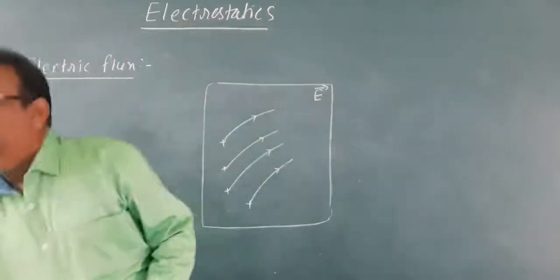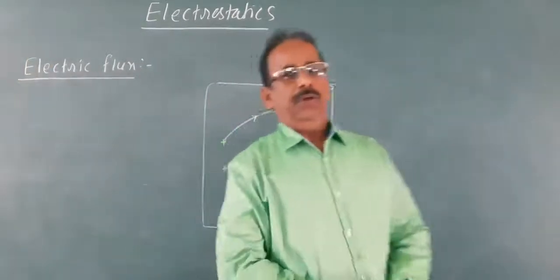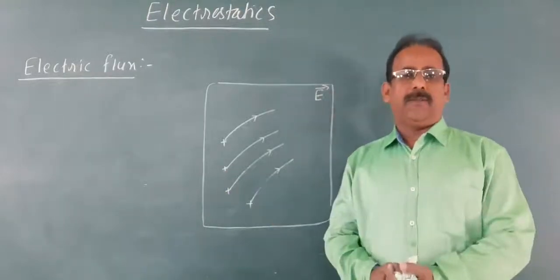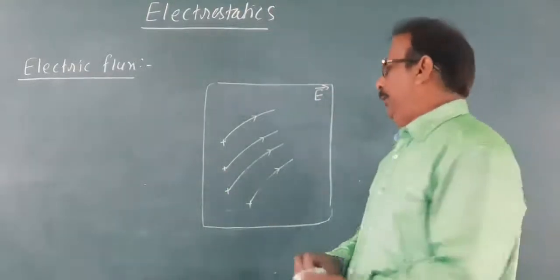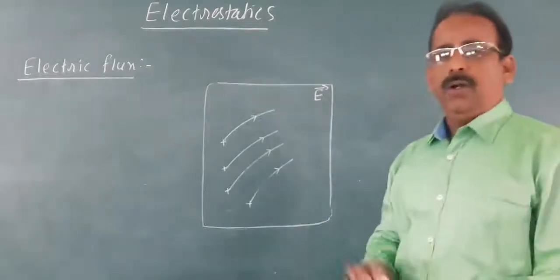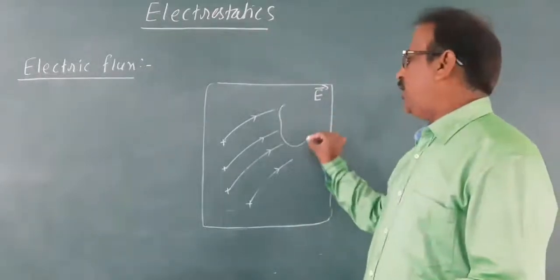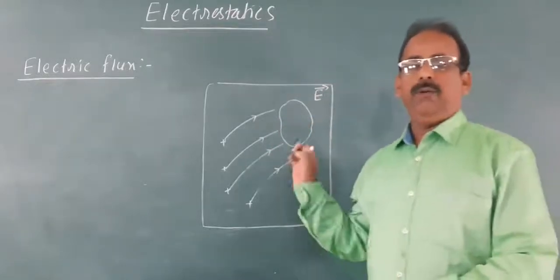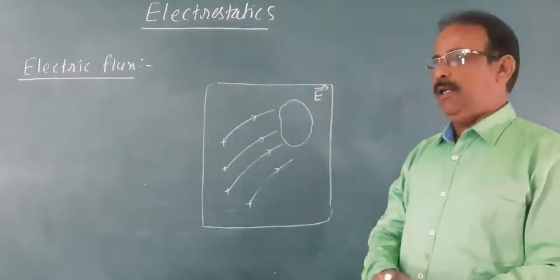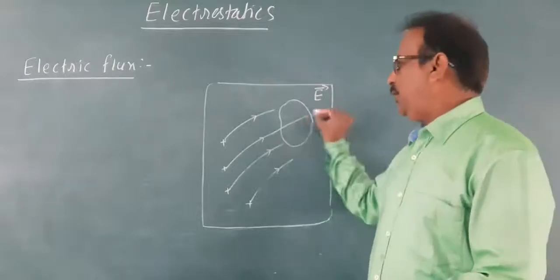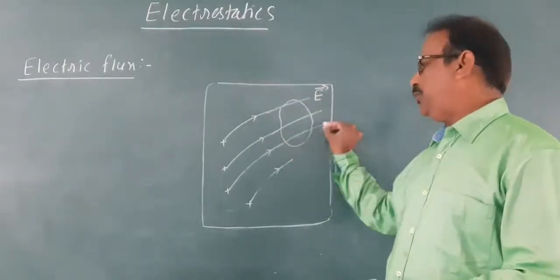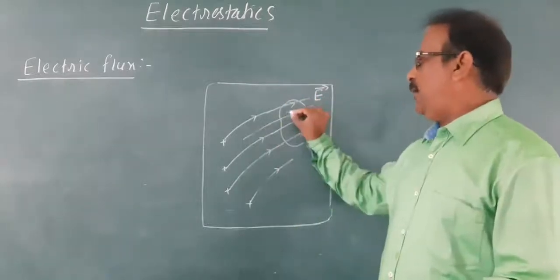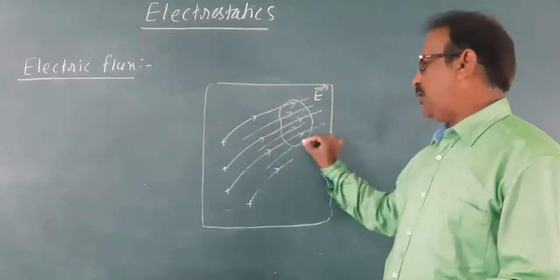Now, we are seeing that in this electric field, electric lines of forces are present. Suppose that we have considered one cross-sectional area in this electric field. These electric lines of force will pass through this cross-sectional area.